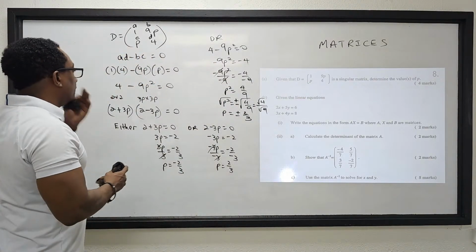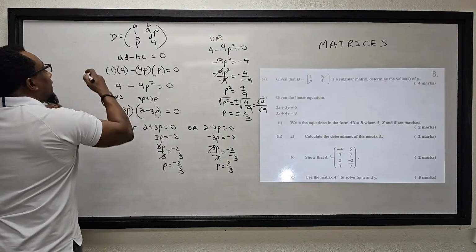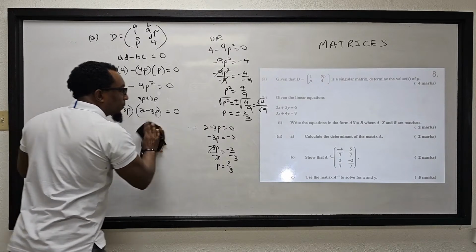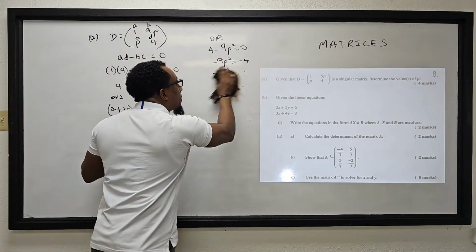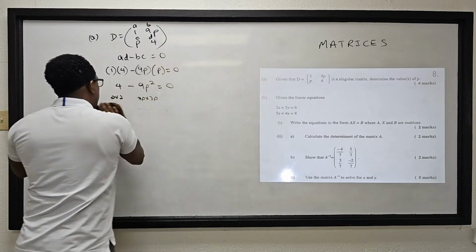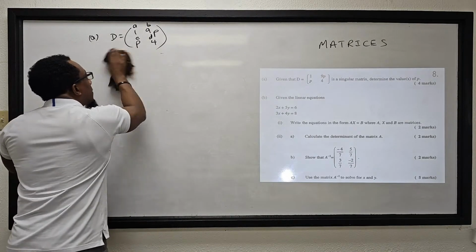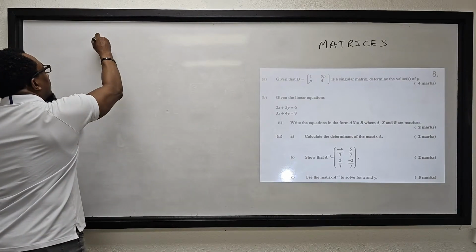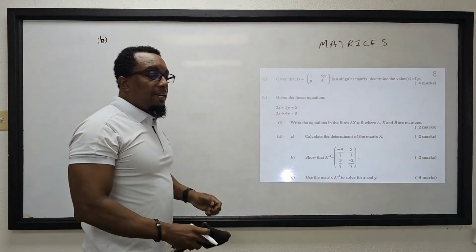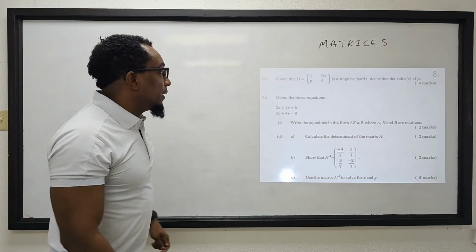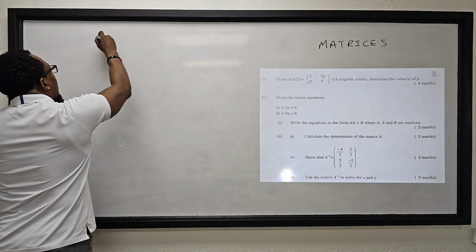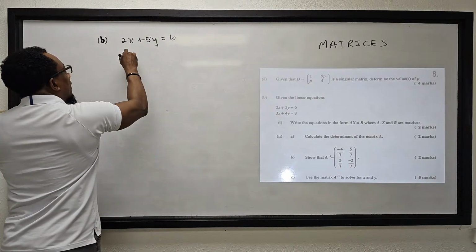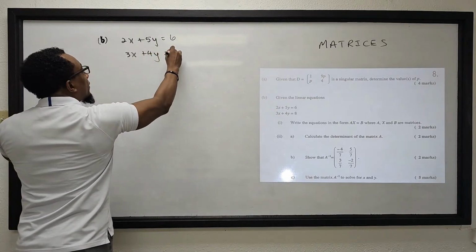Alright, let's look at part B. So this was part A. Looking at part B. Right, so given a pair of linear equations, they are 2x plus 5y is equal to 6 and 3x plus 4y is equal to 8.